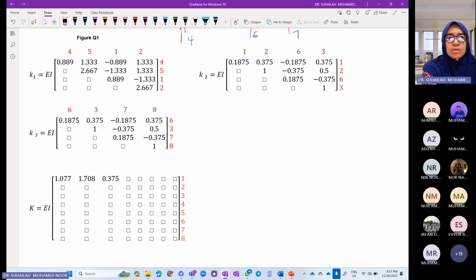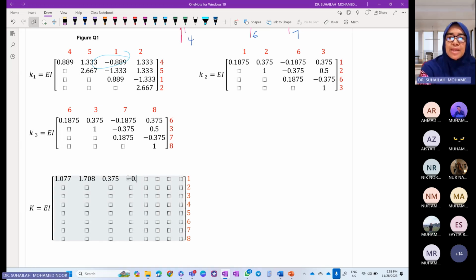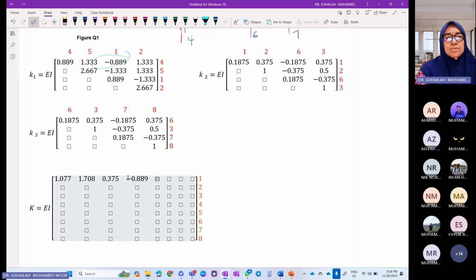What is the value 1,4? 1,4 for 1 is the same. Negative 0.889. Okay, 1,5. 1,5 is the same.